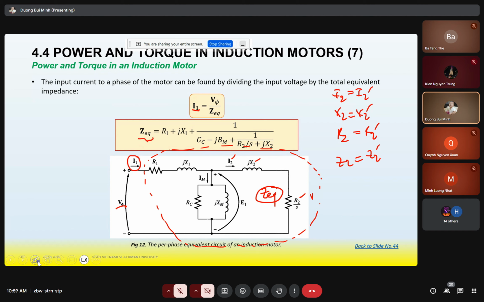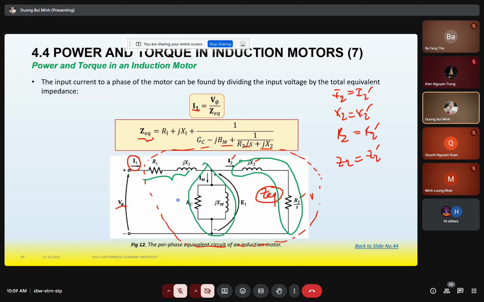Look, this branch is in parallel with this branch, and then totally in series with this one.